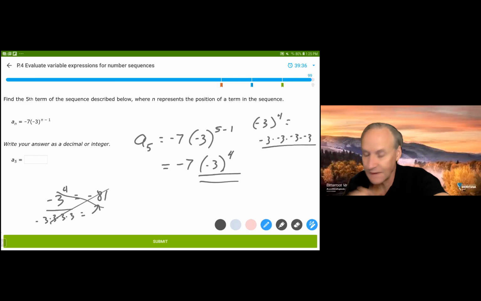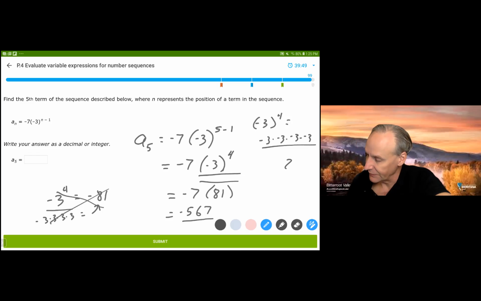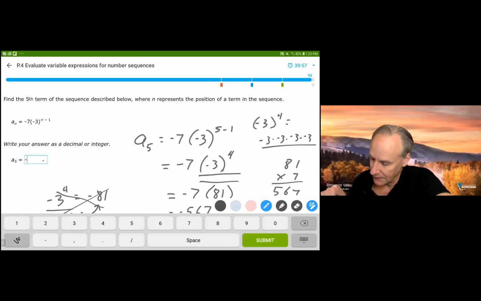And notice that that is a positive. That is positive 81. That is being multiplied by that silly negative there. And that's negative 567, isn't it? And I'm just going to multiply it on the side to show you. It's times 7, and we have a 56, and it ends up being negative. Negative 567. And it looks like we're done.